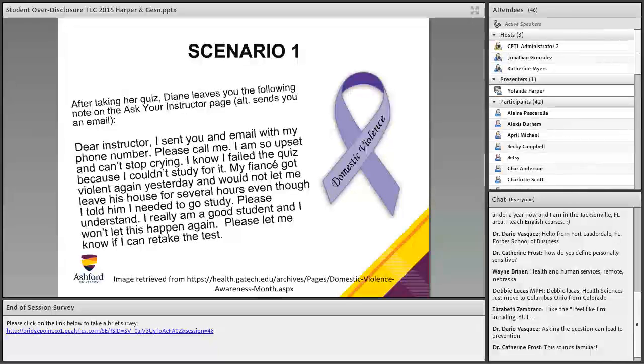A good question I always ask myself is, what would be the most empowering option? Depending on the scenario, sometimes the most empowering option is to not respond directly to the over-disclosure. In other cases, making some kind of acknowledgement may be empowering for the student.